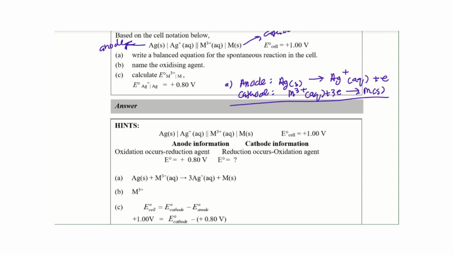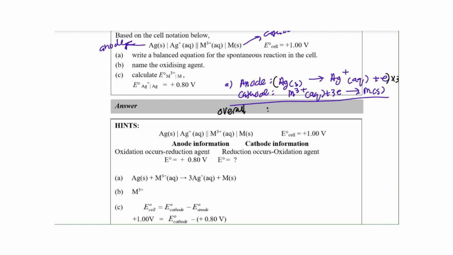Then for the overall equation, we have to cancel out the number of electrons. For silver, we have to multiply by 3.